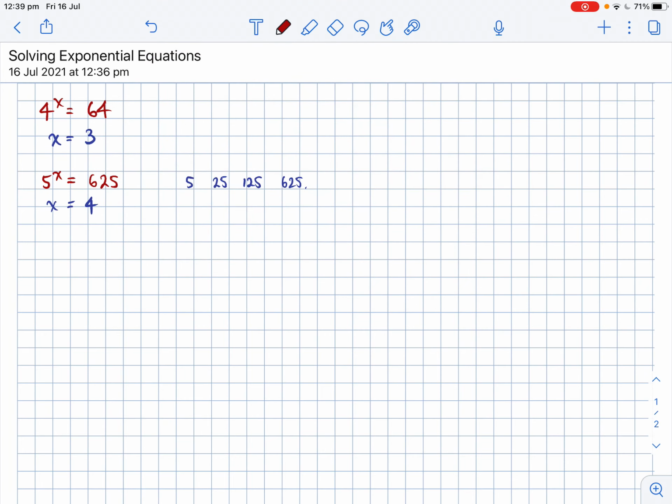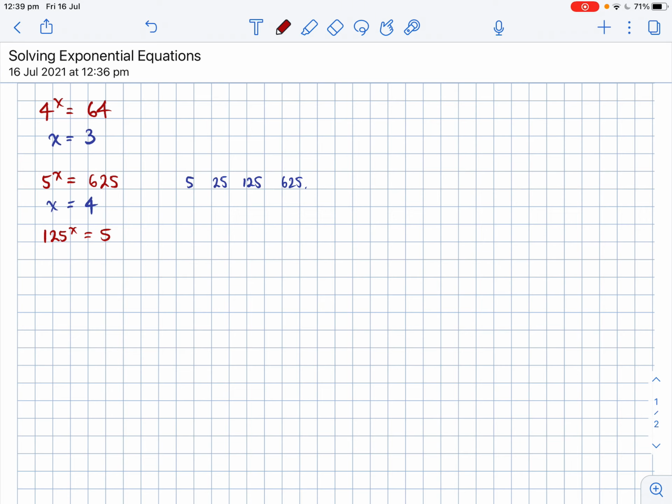All right, moving along now, we have 125 to the power of x equals 5. Now this one can be a little bit tricky because we start to think, what's going on here? The numbers got smaller. Normally when we have powers, don't they get bigger?